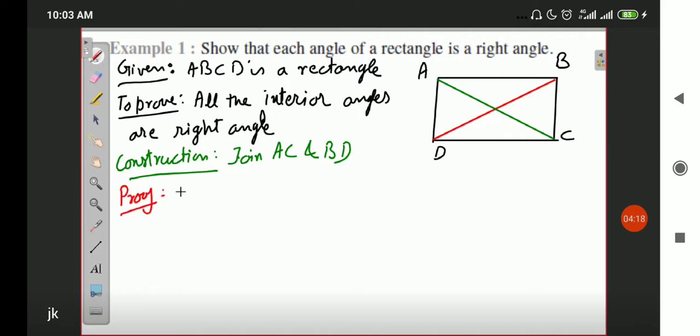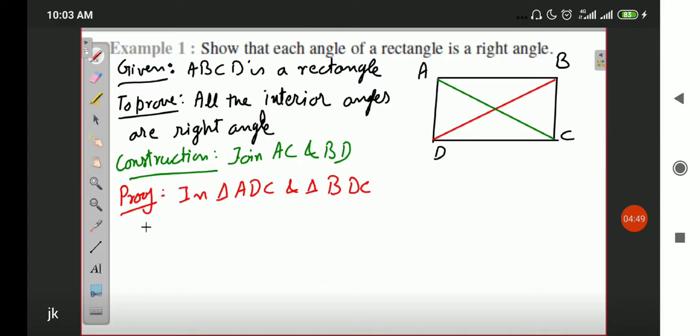See, in the proof, we are going to take two triangles: triangle ADC, this one, and triangle BDC, this one. We are going to take these two triangles.